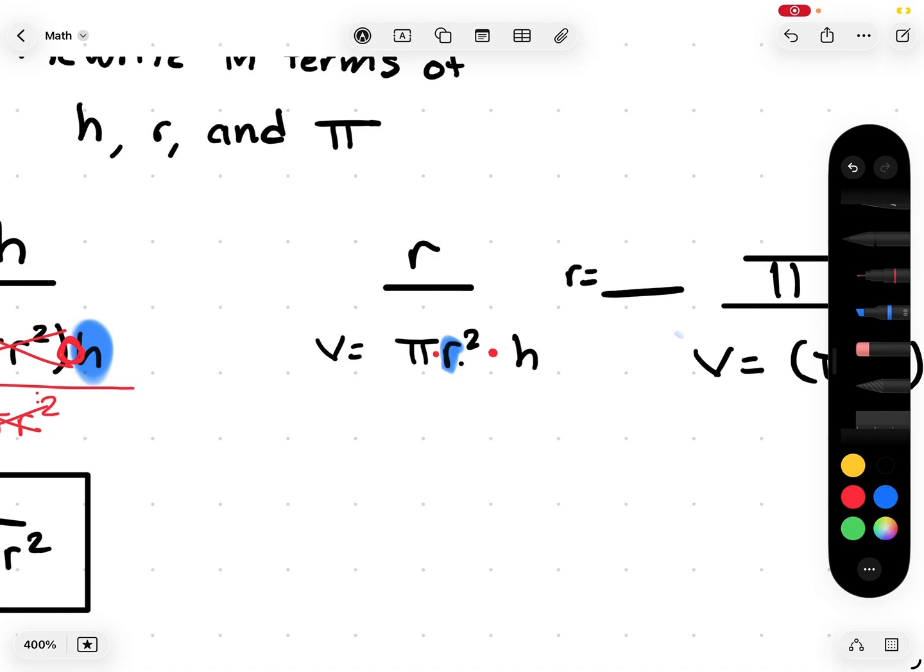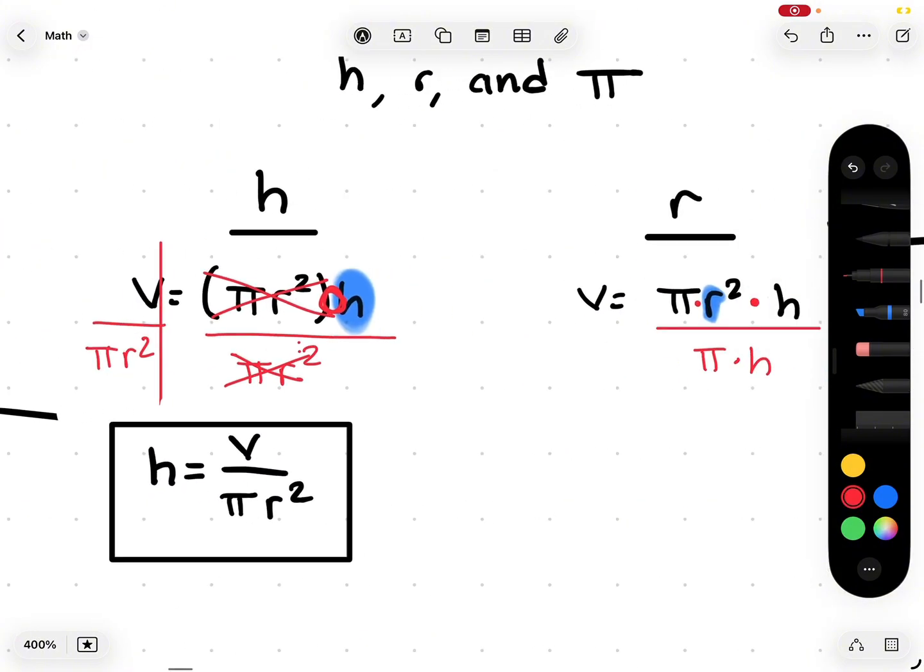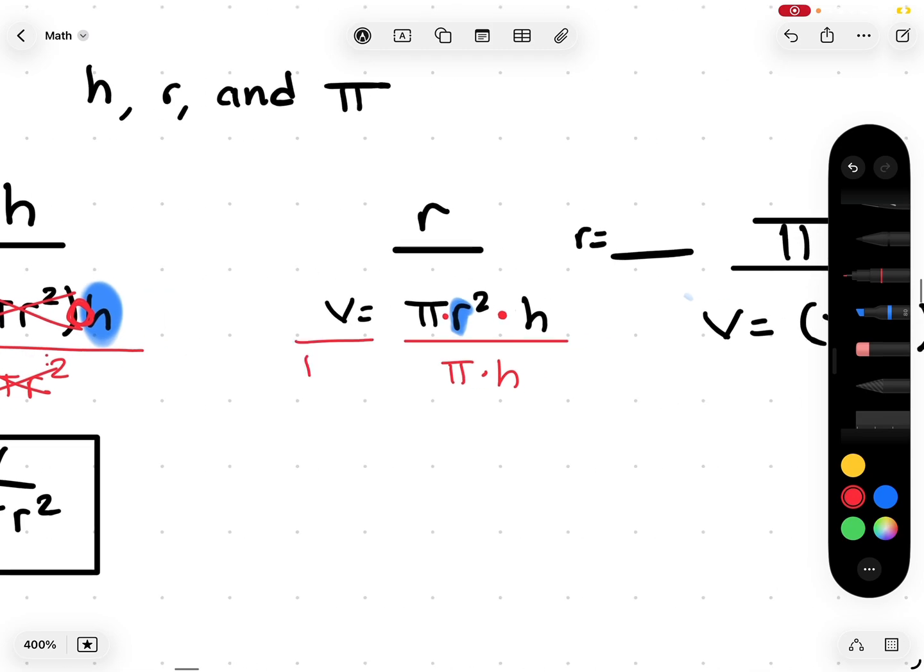What we can see happening here is that pi and h are being multiplied to r squared. So we can divide both sides by pi times h, similar to what we did for this one. We can cross out pi and h on both sides to leave us with v over pi h equals r squared. But we're not done. It doesn't look like this yet.